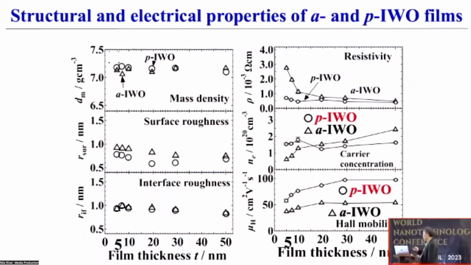And I'd like to show you the structural and electrical properties determined by Hall effect measurements of amorphous and polycrystalline IWO films. You find a typical classical size effect model: with decreasing film thickness, the electrical resistivity of amorphous IWO films sharply increases.